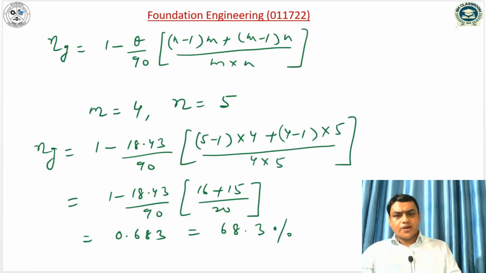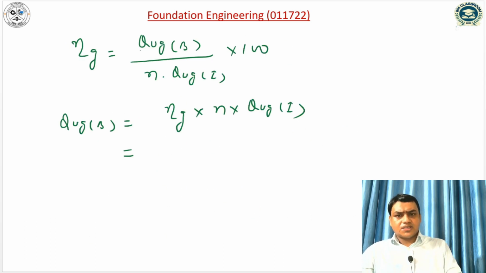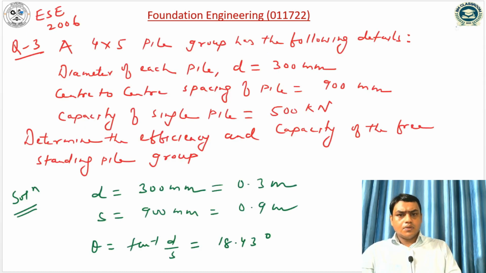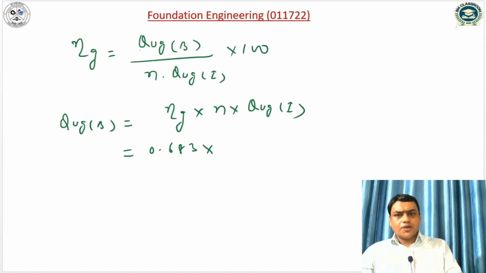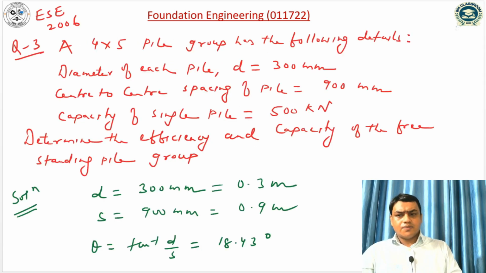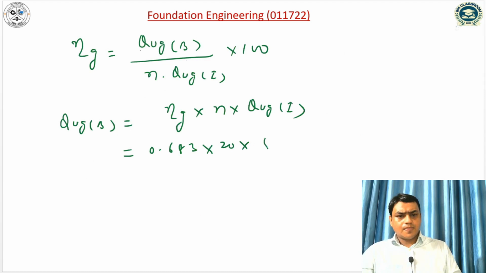So efficiency is 0.683, n is the number of piles, which is 20, and individual is 500 kilonewton. So the total capacity is 0.683 into 20 into 500, so it is 6830 kilonewton.